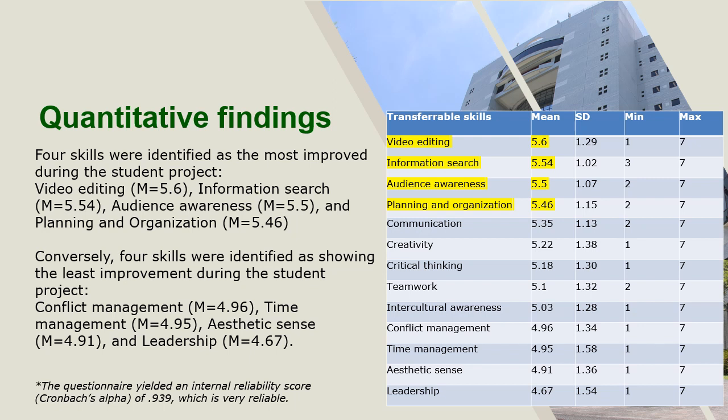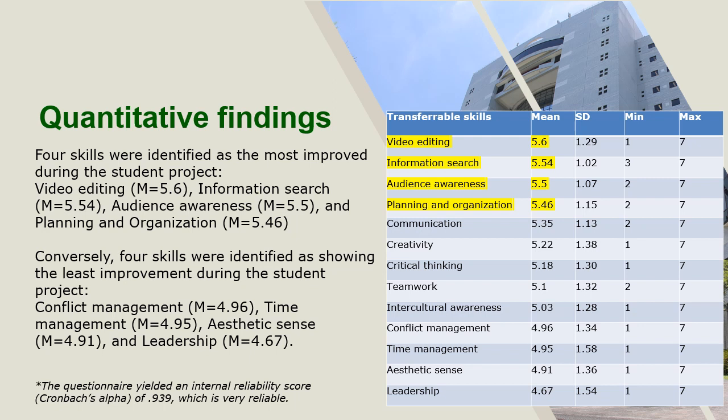So it's possible that there is not a heavy group weighting in this assessment. That's why students mostly did individual work. Time management and aesthetic sense were also rated low by our students in terms of perceived development. It should be noted that this questionnaire yielded a high internal reliability score of 0.9, which is very reliable.